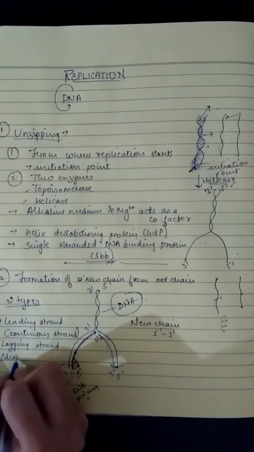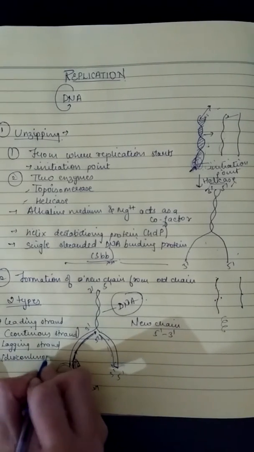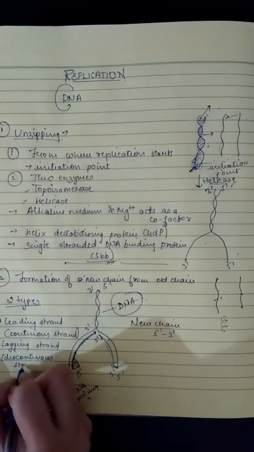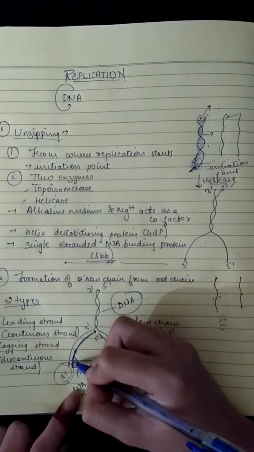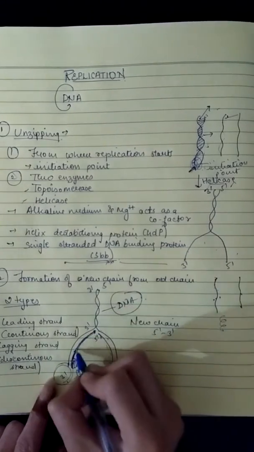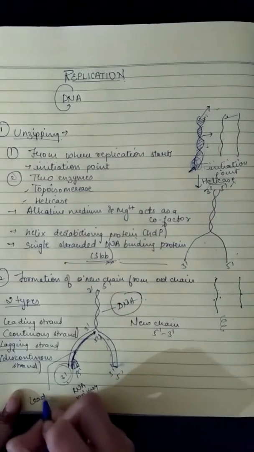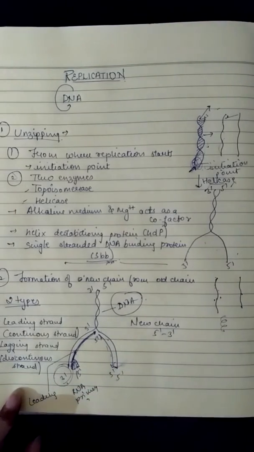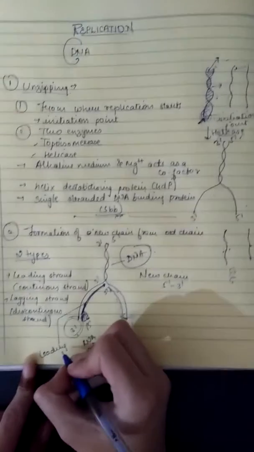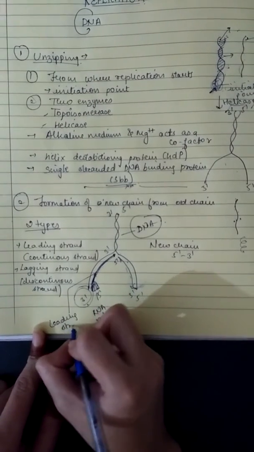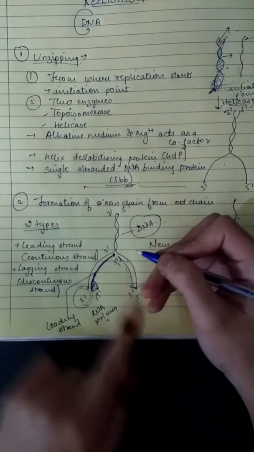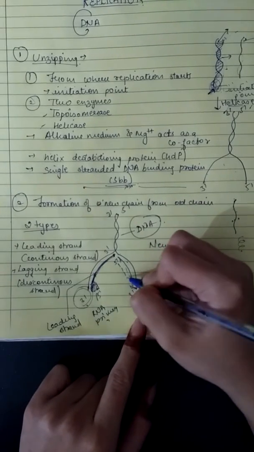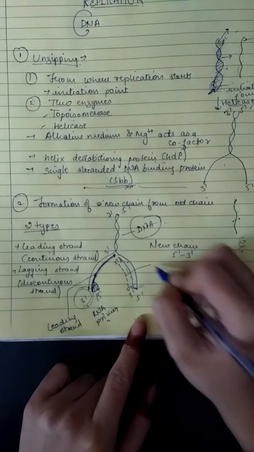That is discontinuous strand. ओके, तो यहाँ पर जो बन रही है वो है हमारी लीडिंग स्ट्रैंड, और जो इधर बन रही है 3 dash to 5 dash वाली डायरेक्शन वाली चेन पर बन रही है वो है हमारी लैगिंग स्ट्रैंड.